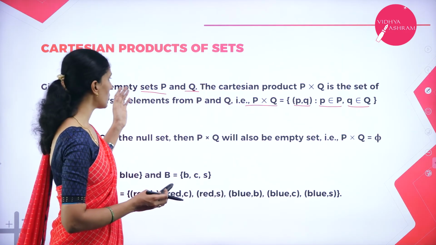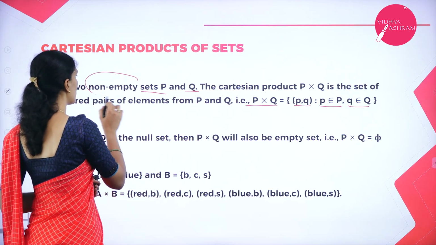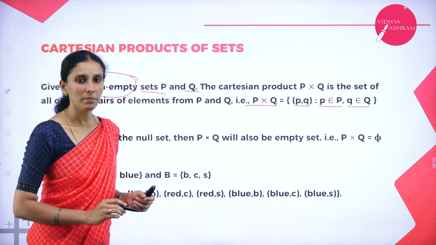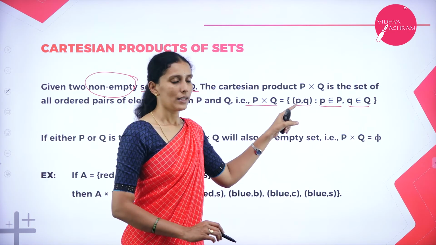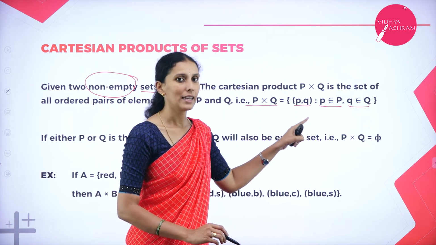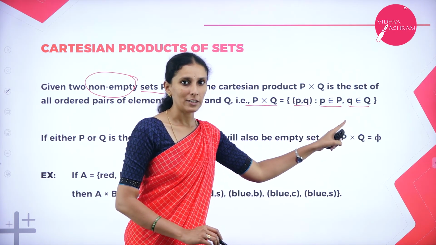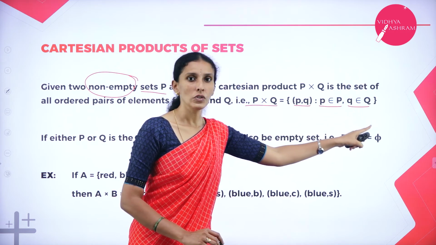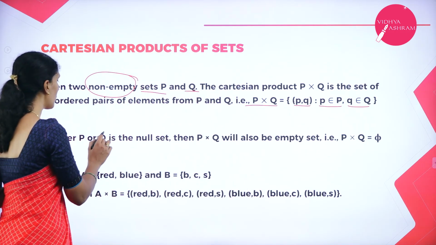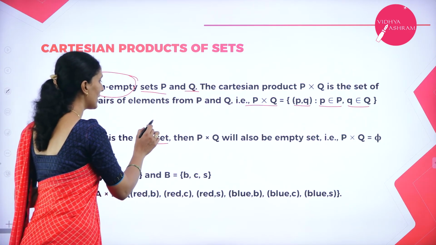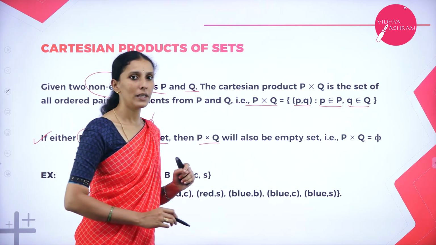So if you have any two sets, the two sets must be non-empty sets. So for any non-empty sets P and Q, P cross Q is defined as the collection of all the ordered pairs in the form of p comma q, where p belongs to set P and q belongs to set Q. And suppose P or Q is a null set, that is, if it is empty, then what do you mean by P cross Q?